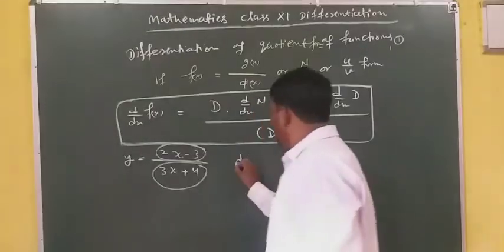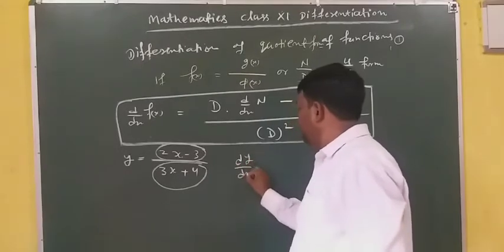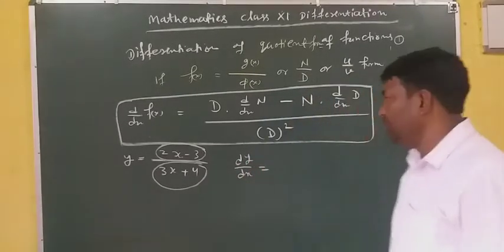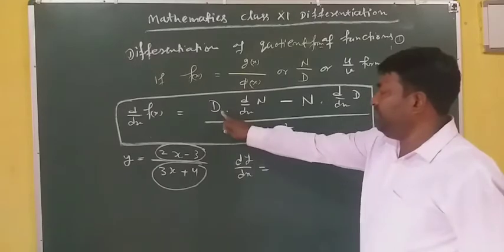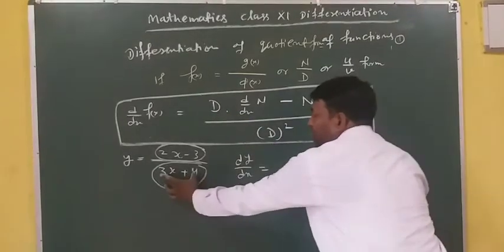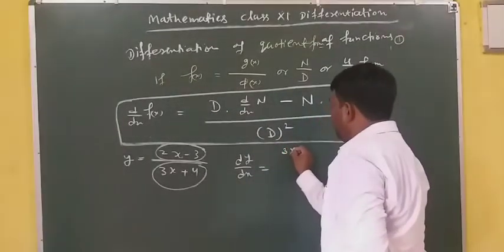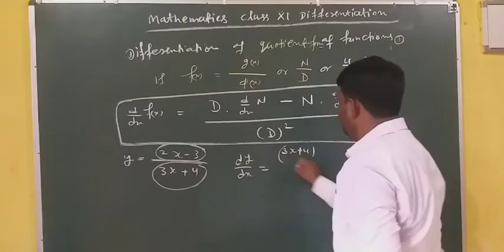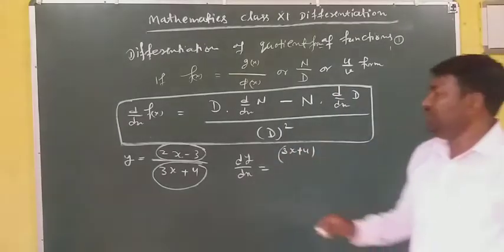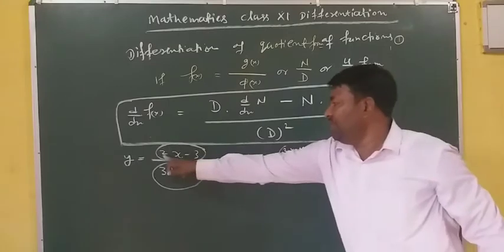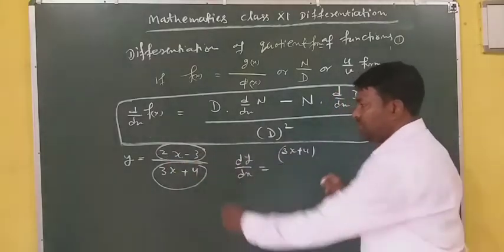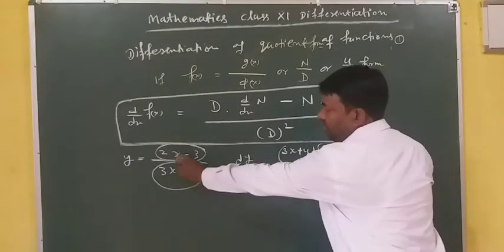So applying this formula, numerator upon denominator form, dy by dx will be equal to, see the formula, whatever is in the denominator you need to write, that is 3x plus 4. Then the differentiation of the numerator. What will be the differentiation of 2x minus 3?